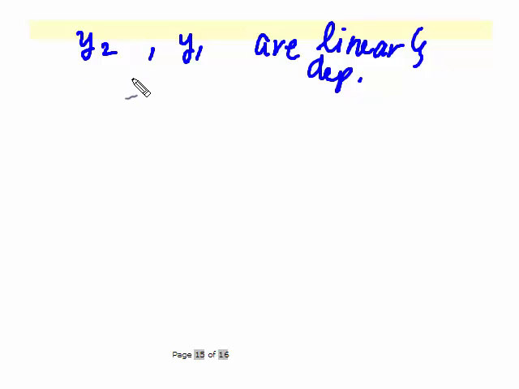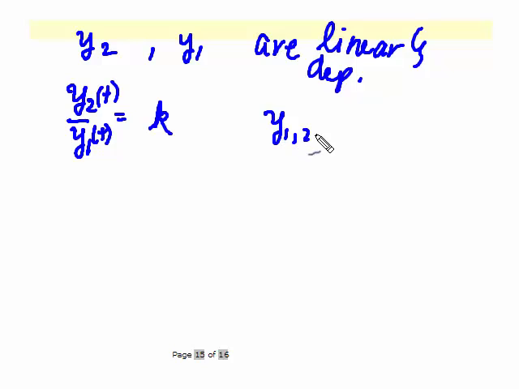Then they are multiples of each other. So assuming they are not 0, and I divide them by each other, I will get k. This is y1 of t and y2 of t. Again, I'm assuming y1 and y2 are not 0. So they're equal to a constant. If they're multiples of each other, then somehow I can write them as a constant.